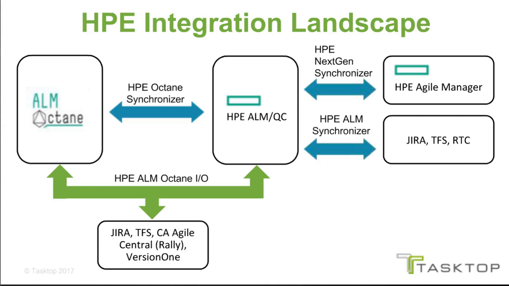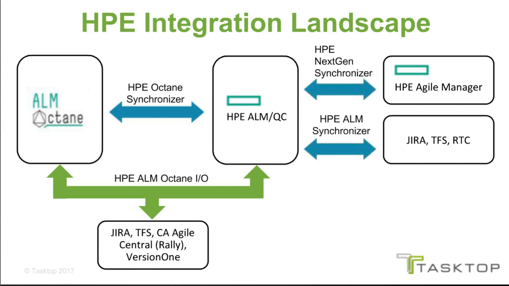All right. Can it be used to interface ALM Octane to ALM Octane.net? And I believe ALM.net is the terminology for just the classic HPE ALM Quality Center. So this particular ALM Octane IO offering does not provide that. From what I'm told, there either is currently or is going to be an HPE Octane Synchronizer that provides that particular integration.